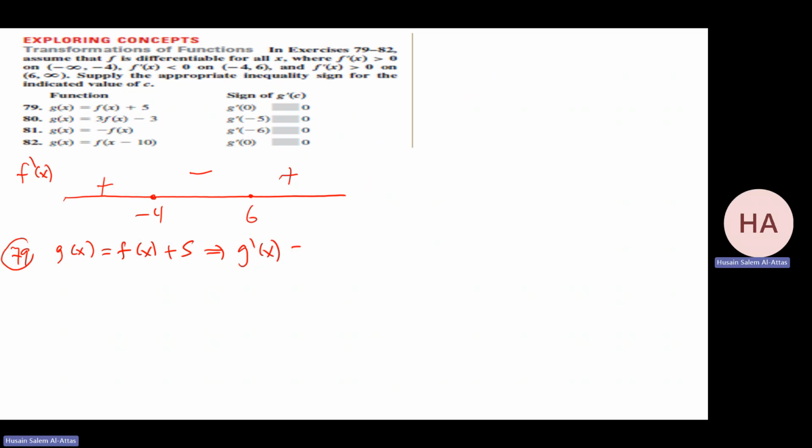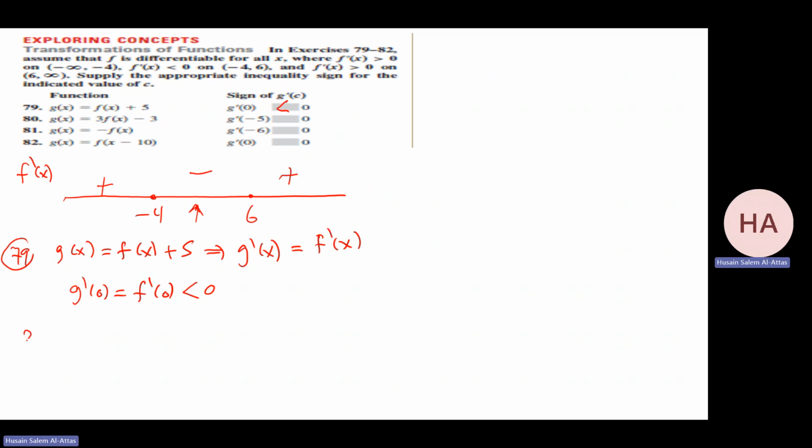G prime will be what? It will be the same as f prime. No difference. That means g prime at 0 will be the same as f prime at 0. And f prime at 0 is in this interval, so it will be negative. So this one will be less than 0.